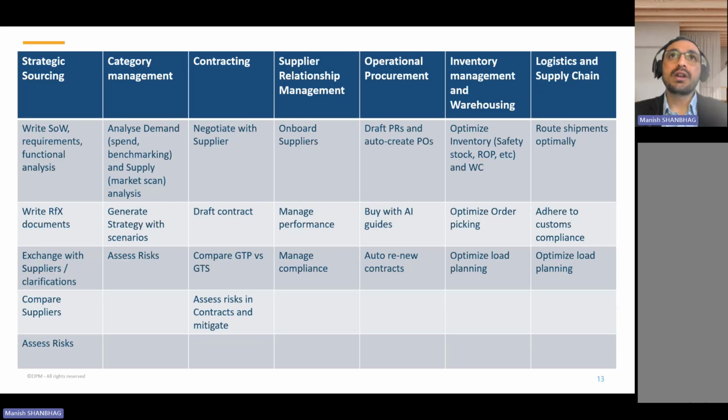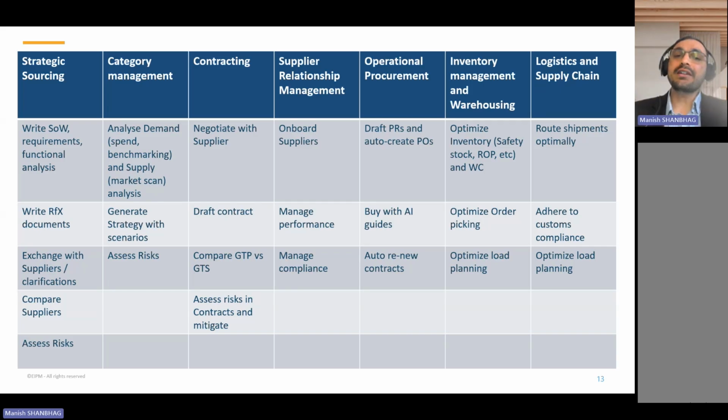You could give that input and say, I'm in a monopolistic situation. Could you suggest some of these techniques to negotiate with this supplier for this specific industry in this specific region? What could you suggest? So the AI could give suggestions. Of course, then it's up to you to decide what is more relevant, what is not. That is the human intervention that comes. But already it provides you a lot of ideas.